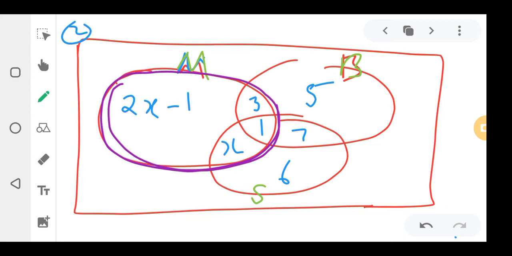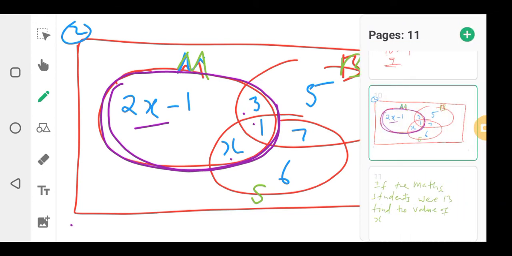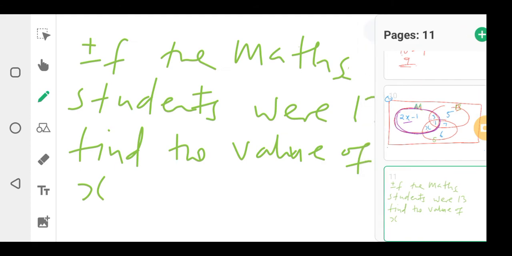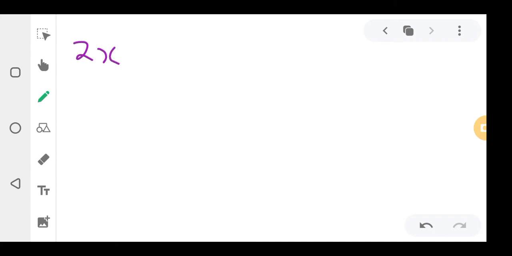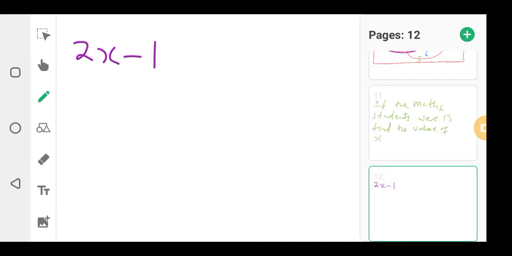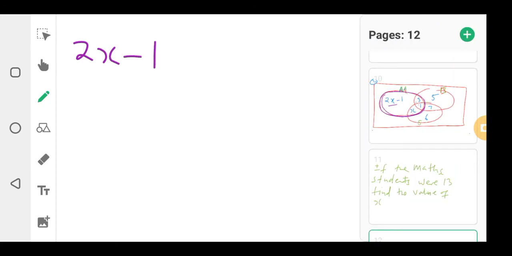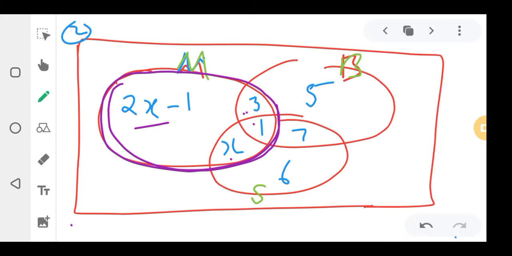But now they've said the math students are 13, so you add everything in the circle for maths. That is 2x minus 1. The next one, you add this 3 plus 1 plus x.